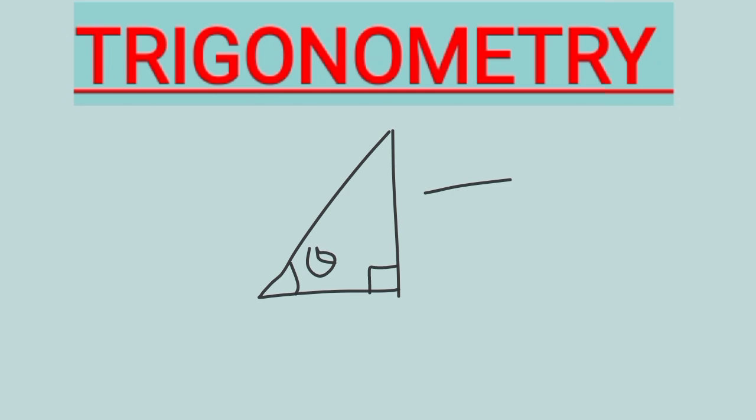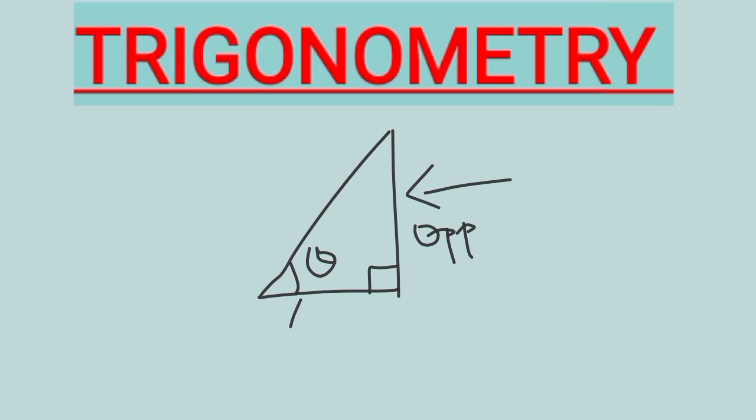That one is referred to as opposite. It is opposite in such a way that we are reading that side in reference to that angle. That is the reason why we're terming that side the opposite.